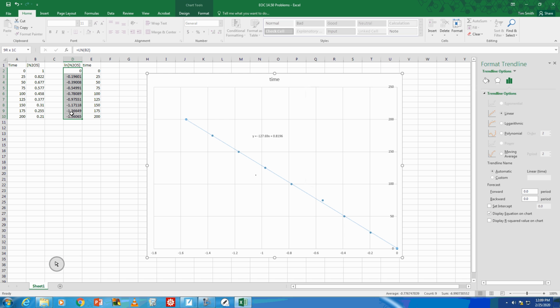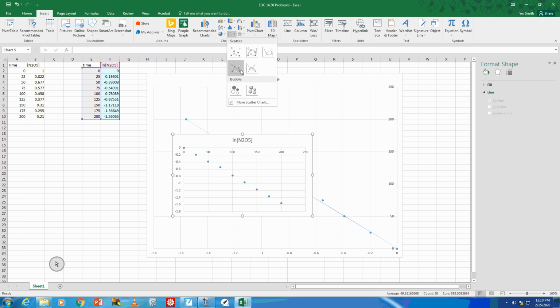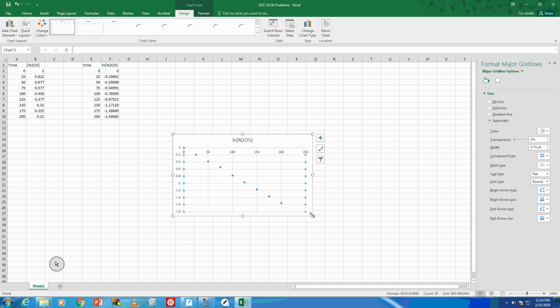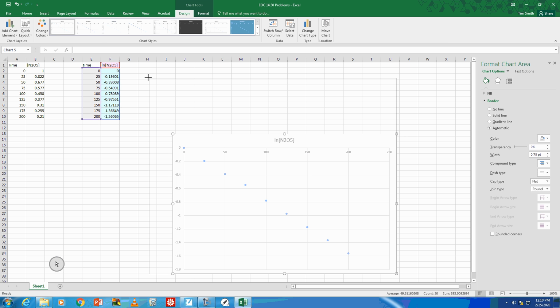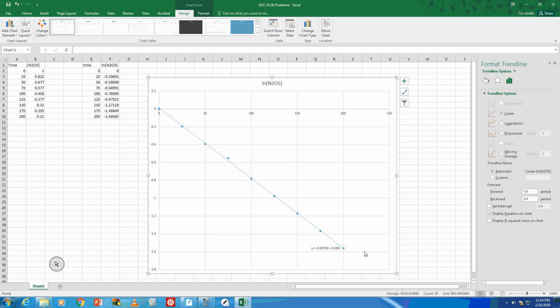Let me do it this way. Replotted. Do the same thing, add a trend line, display the equation.